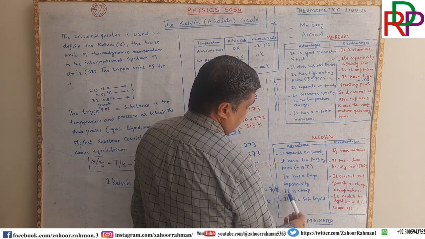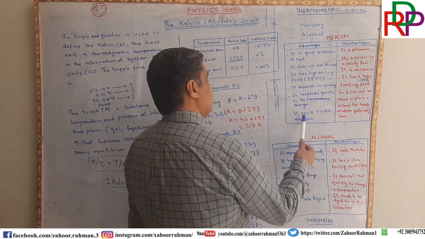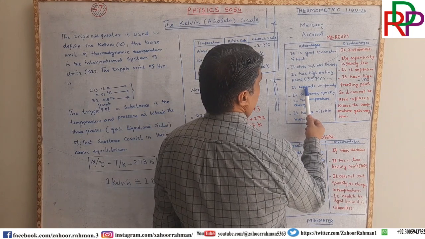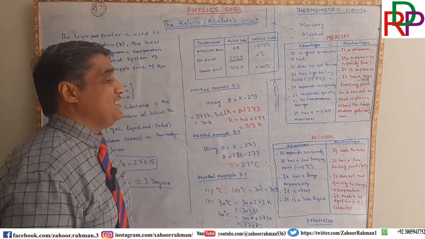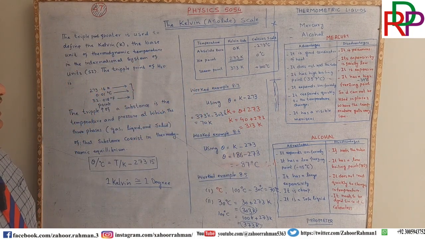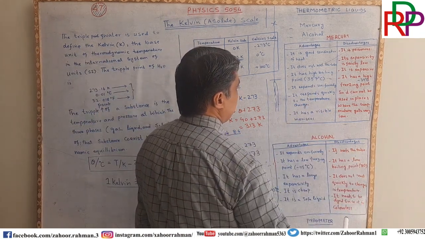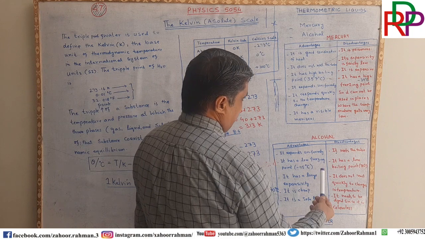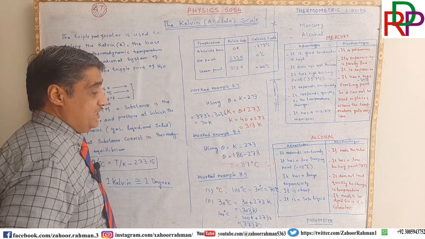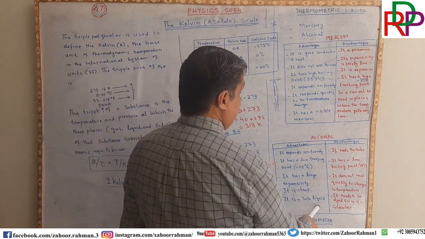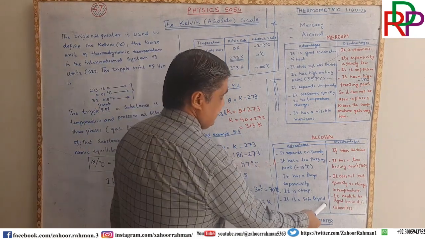It is cheap as compared to mercury. Mercury is expensive. It means that when we are using mercury, we are spending much money on it, but alcohol is cheap. So that is one advantage of alcohol. It is a safe liquid, as mercury was poisonous. So this is a safe liquid.